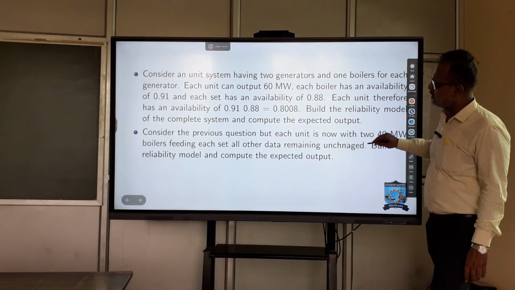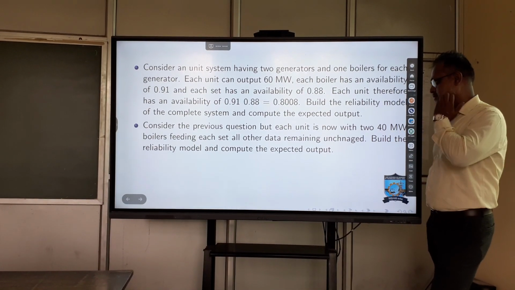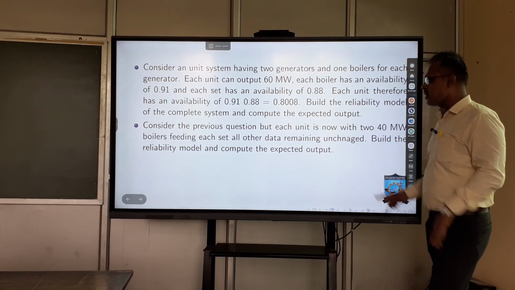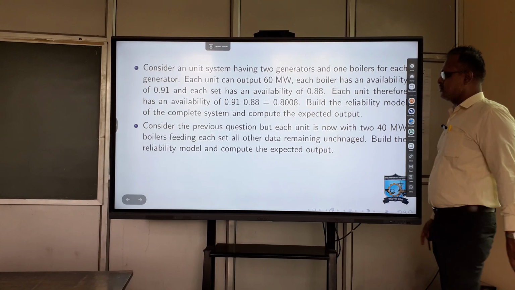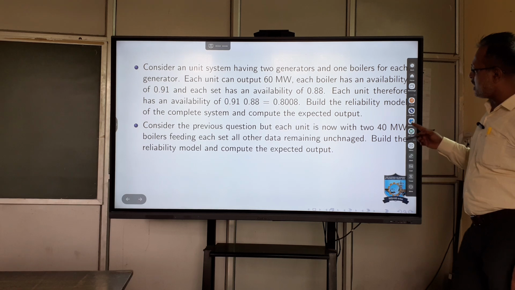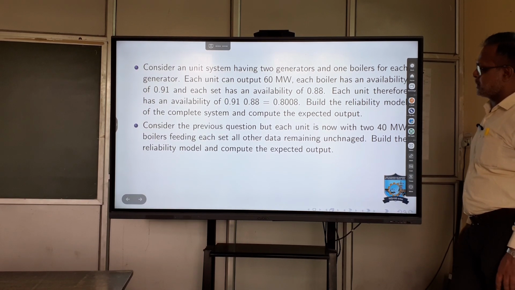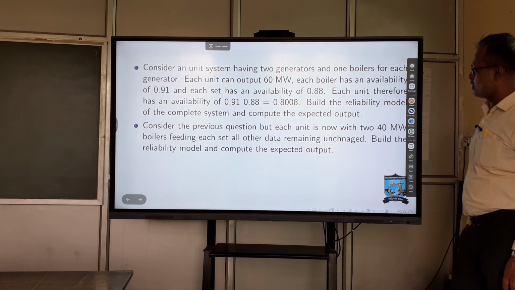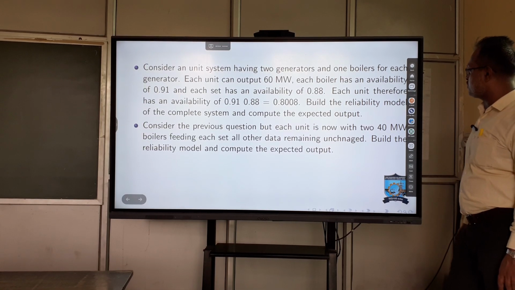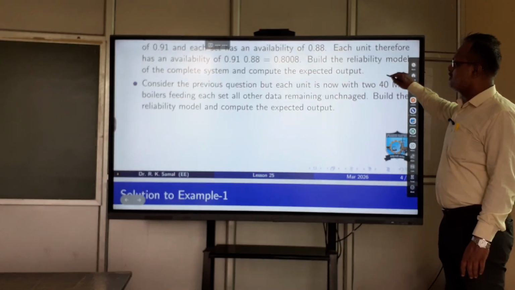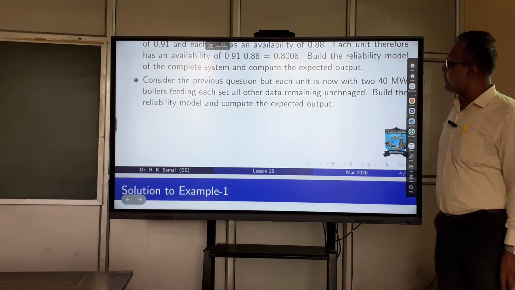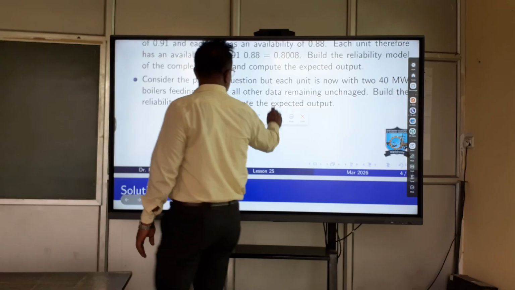Next, example 2. Consider the previous question, but each unit now is 40 megawatt boilers, meaning each set. All other data remaining unchanged. So what does it say?